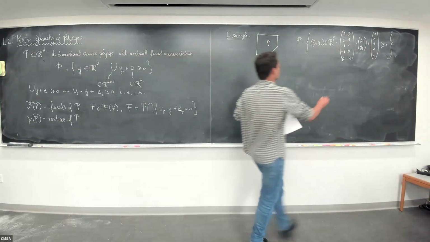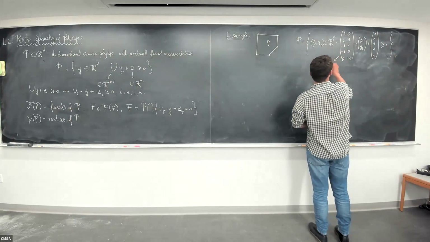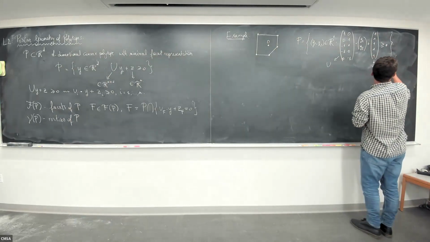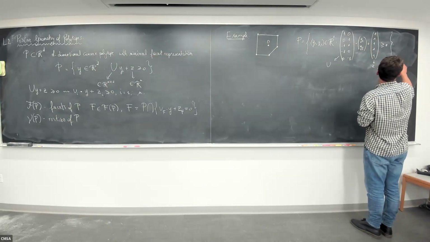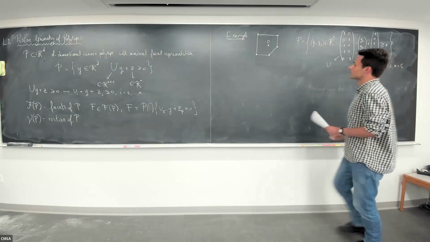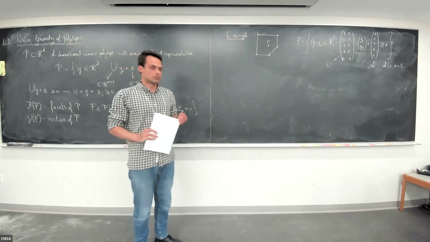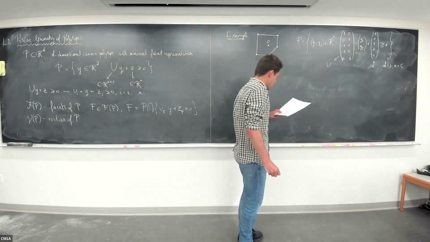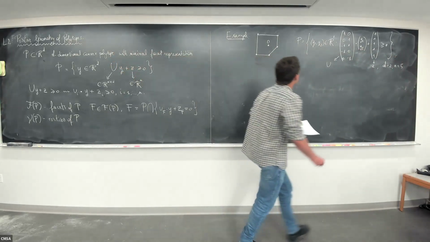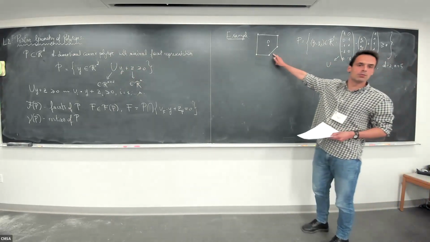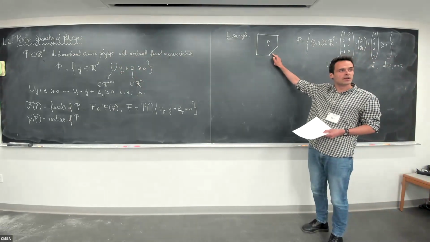Okay, so this is the matrix U. This is the vector z. Just one thing to note: how do you find this matrix U? You just look at your polytope and you collect the inward pointing facet normals.